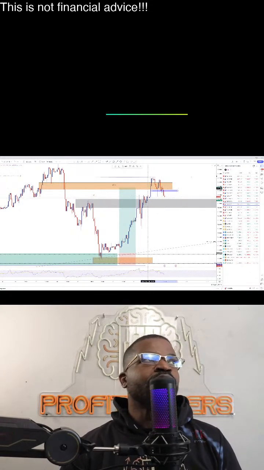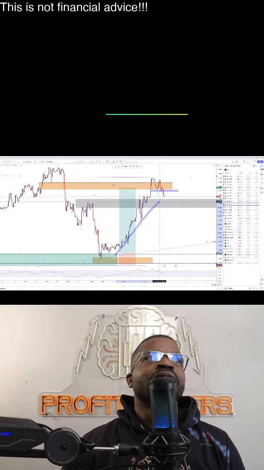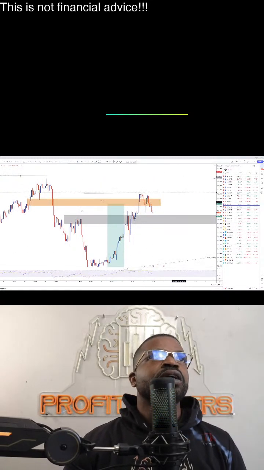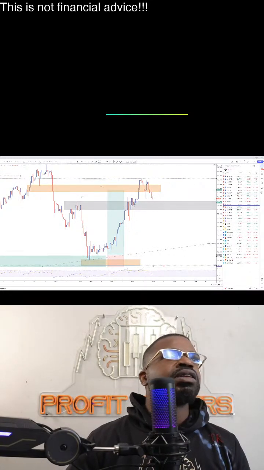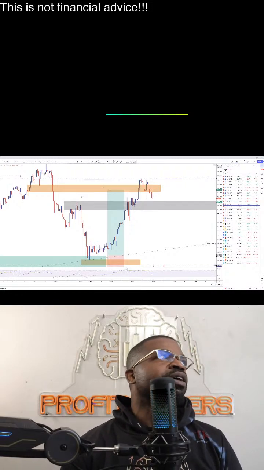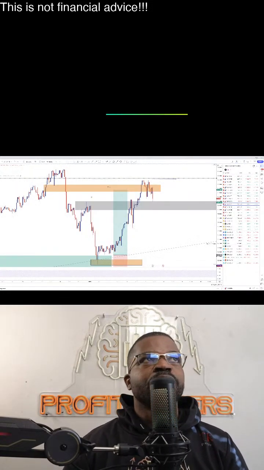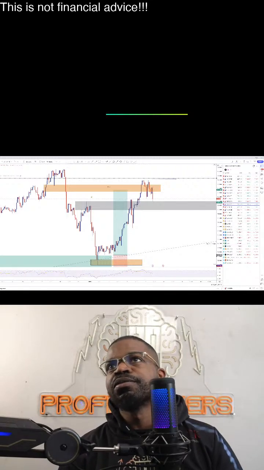And with this close beneath this level, there's a great chance that this trend line we see right here could be broken. So what we are going to do is go down through these different time frames to see if we can find something significant that will give us an entry on this trade.